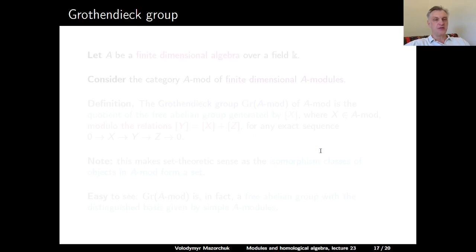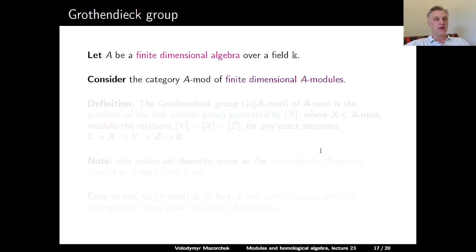And as a final chapter, let us make a brief discussion of the notion of a Grothendieck group. Let A be a finite-dimensional algebra over some field K. Consider the category of finite-dimensional A modules.